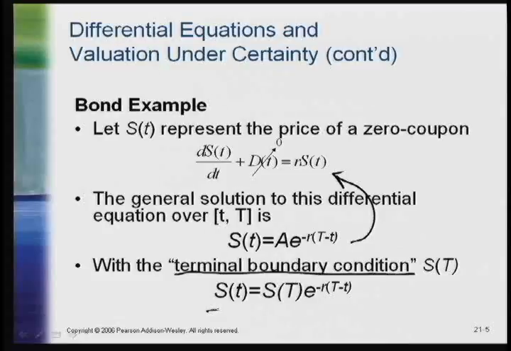So if I specify the terminal boundary condition, S of capital T, then the unique solution to that differential equation that achieves that boundary condition at the terminal time is given by this function. And again, it's easy for you to differentiate this function to confirm it satisfies the equation, and then it's apparent if I plug in little t equals capital T that it works.